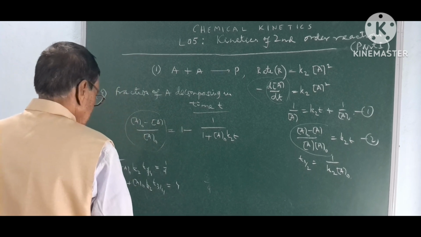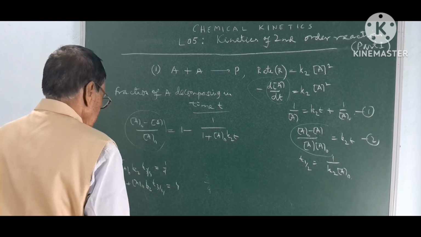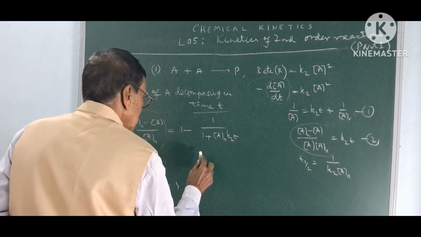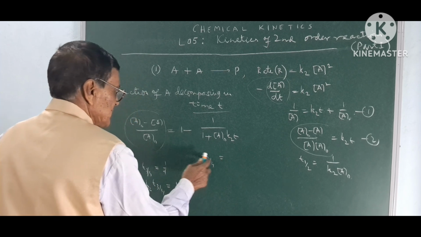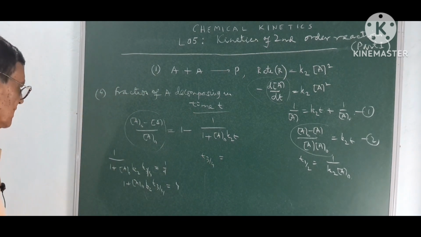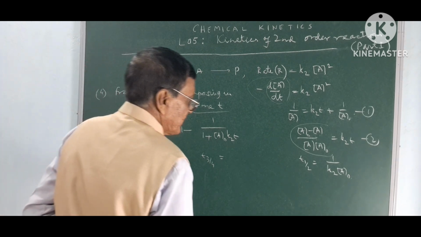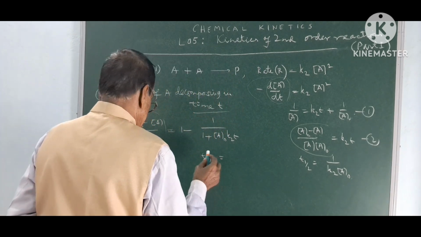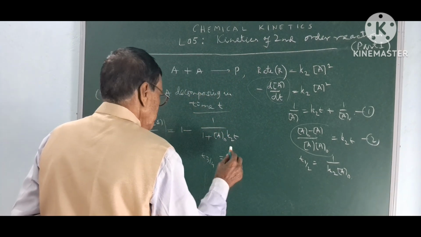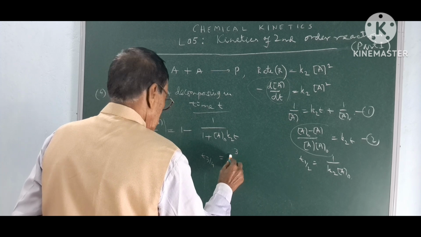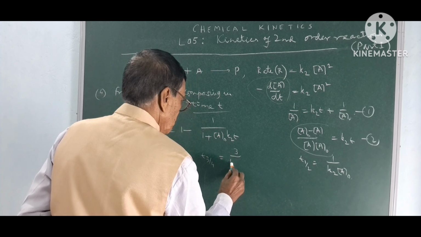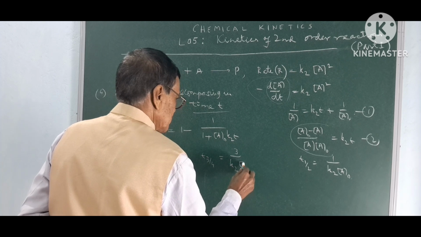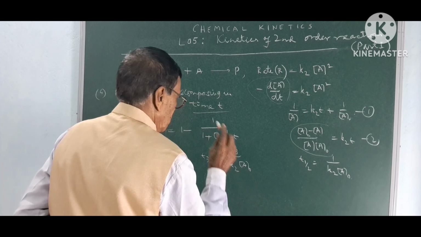Or you can say 4 minus 1, 3. So T 3/4, meaning T for 75% decomposition, equals 3 divided by K2 and concentration of A naught.